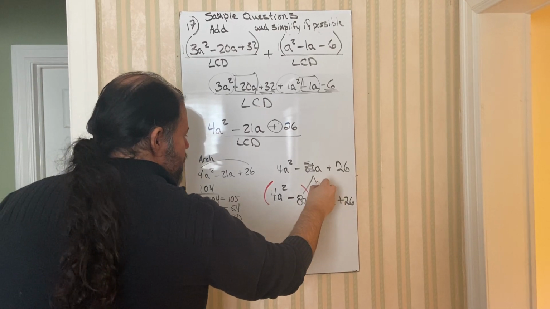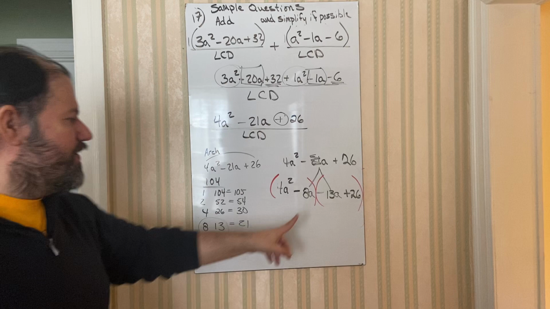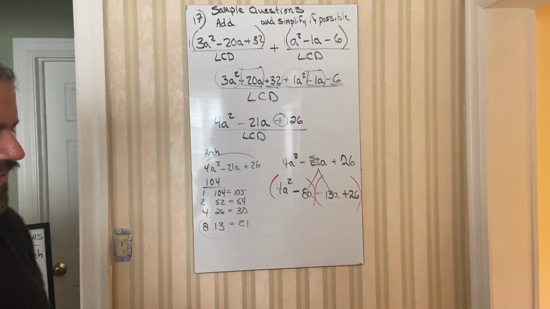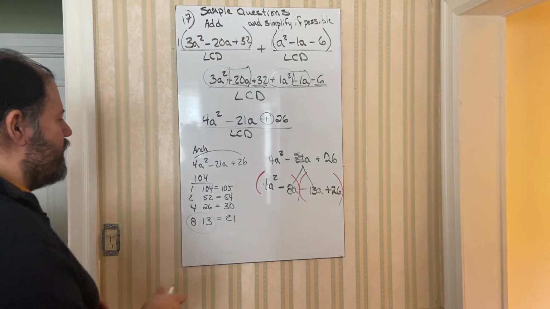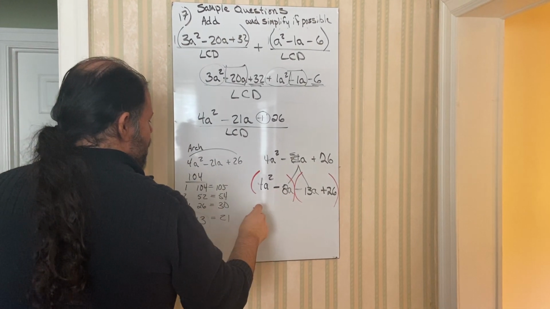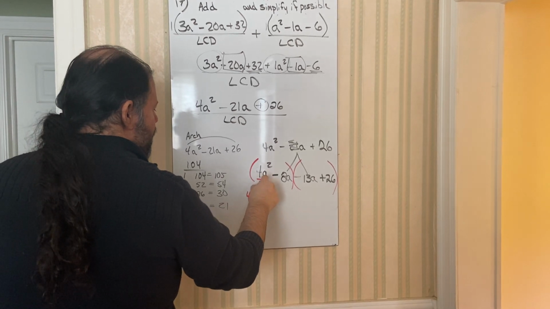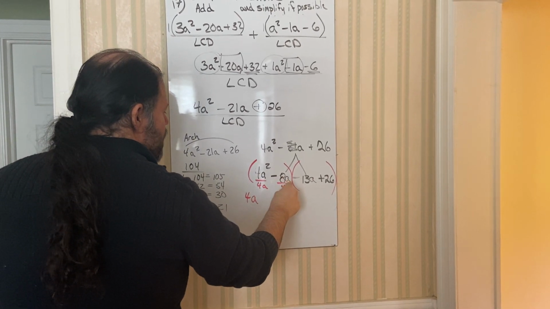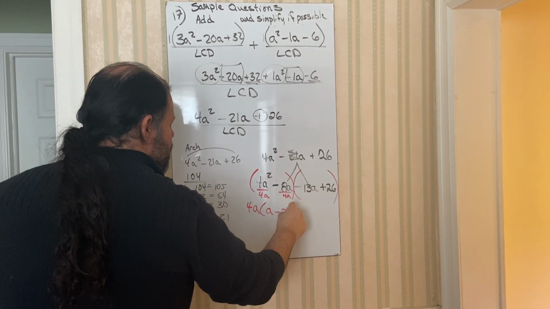To do grouping, remember that's 4 steps. Step 1 is the parentheses, make sure that sign's included in the second set of parentheses. Step 2, take out the GCF in the first set of parentheses. Hopefully you see that they both have an A. Hopefully you recognize they both have a 4 in them. When you take out a 4A out of each term, notice you're left with A minus 2.